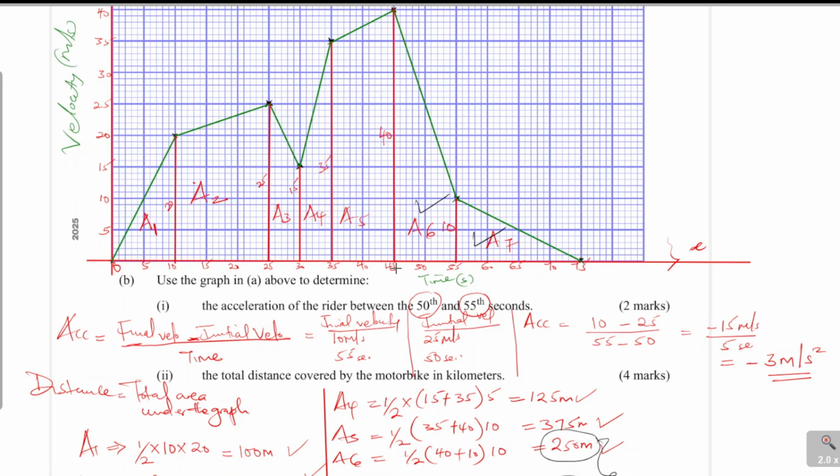So just look at the time for these two, area 6 and area 7. The time is from 45 seconds to 75 seconds. Because you are required to get the time, you simply get 75 seconds, subtract 45 seconds.